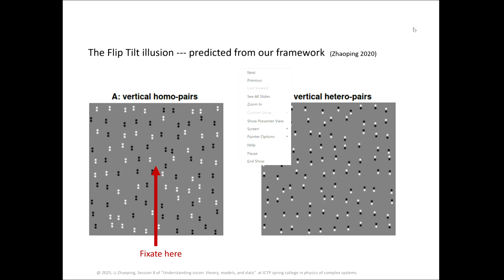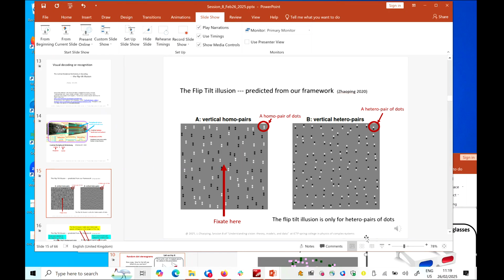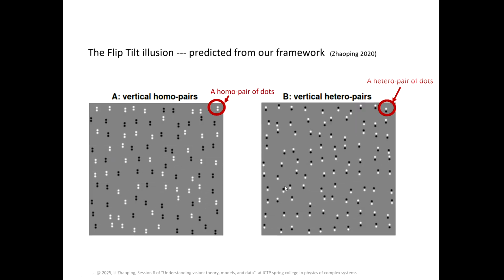Do you feel that way? Difficult, huh? Trying to fixate your gaze here. Okay, let me pause here. There's a pause button. Pause. Okay. So fixate your gaze here and try to look at this in the corner of your eye.